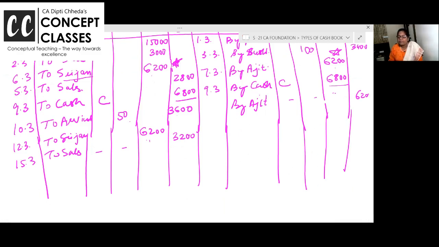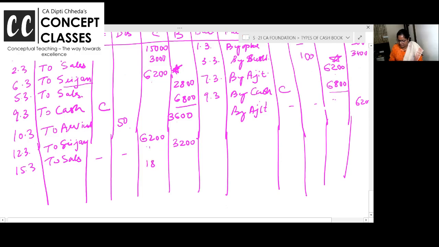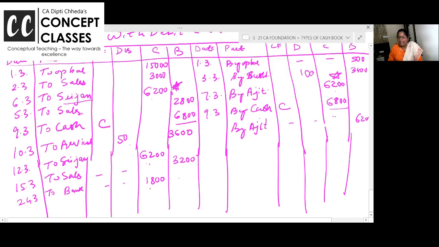Withdrawn from bank. 1,800. Cash is received. On which date? 24th March. Cash is received.